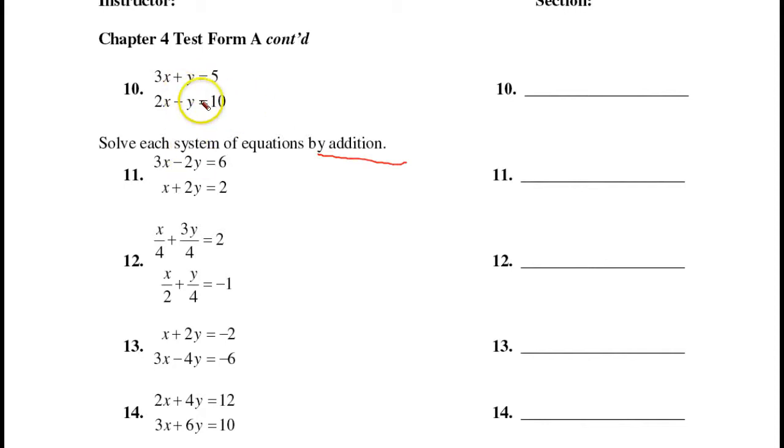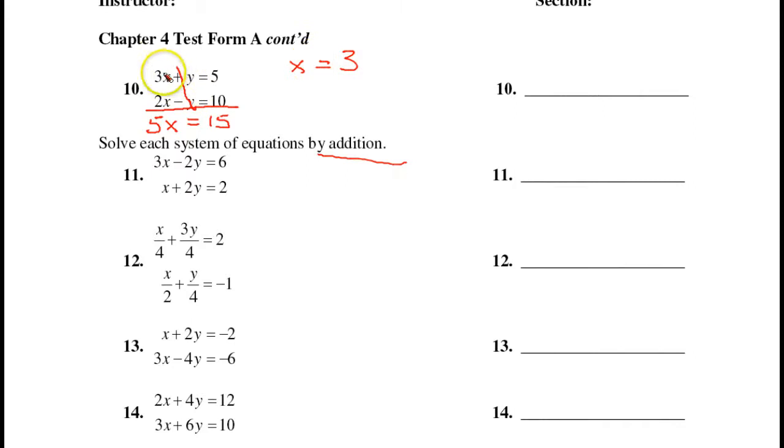And again, knowing all of the methods is what would be useful to you. So for instance, in this one, as we put our line there, we see that these just cancel out if we're going to add them, and we get 5x equals 15. Divide both sides by 5, x is going to be a 3.